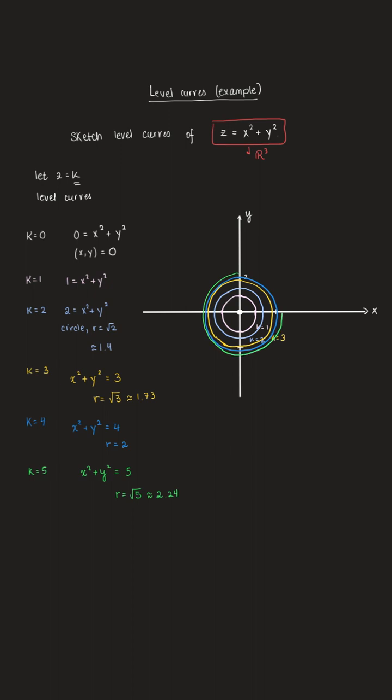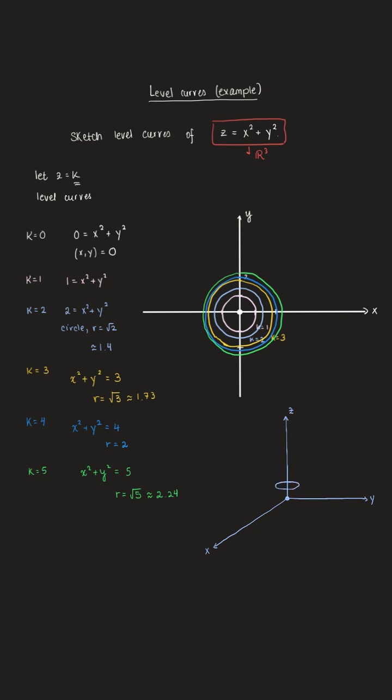Now this is a circular paraboloid that runs along the z-axis. So if we tried here maybe to get a sense of what the graph of the surface might look like, I'm going to do a quick sketch at the bottom right corner. We have a point at the origin, and as we move values of z by 1, we get level curves that are circular.